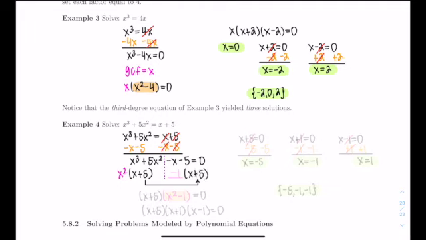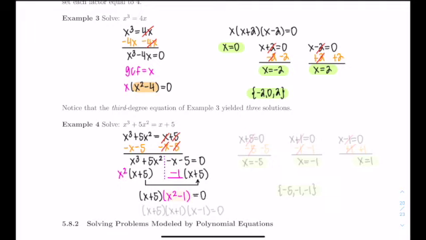And we need to figure out what goes in front so that when I distribute, we end up with negative x minus 5. So we would need to put a negative 1 up front, so we would end up with negative x minus 5. So what these two pieces have in common is x plus 5, and what's left over is x squared minus 1.